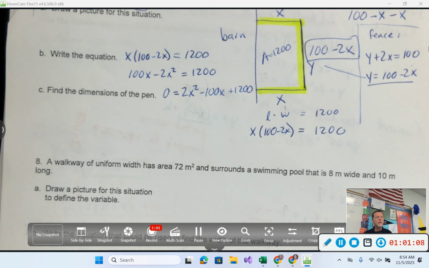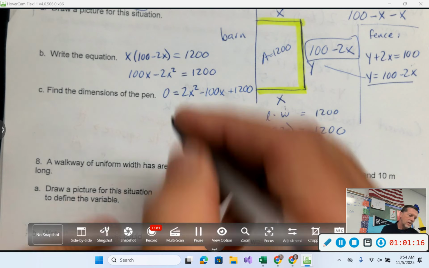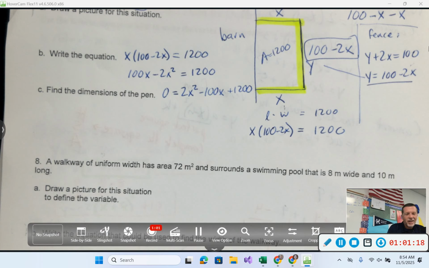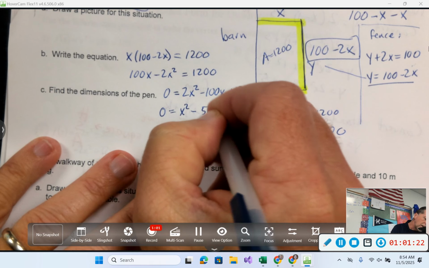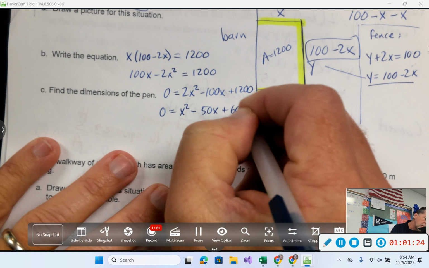Now I'm ready for the quadratic formula. Although you could do one more thing to make life a little easier: divide by 2. I mean, you're going in the calculator, so it doesn't really matter, but x squared minus 50x plus 600.